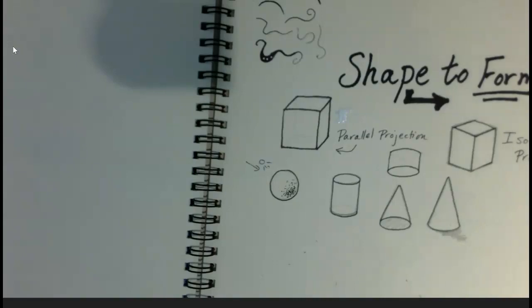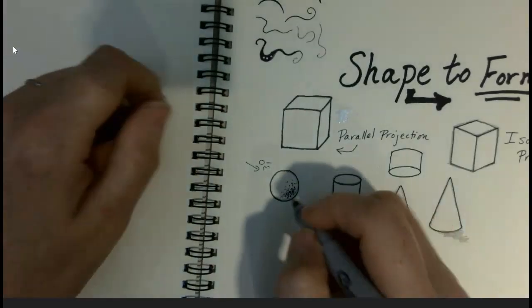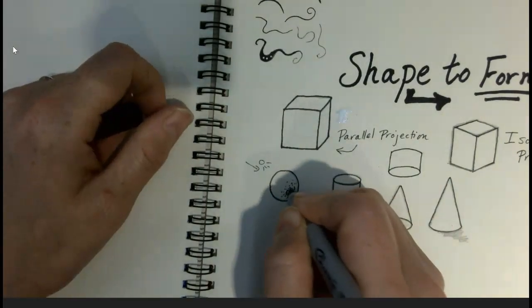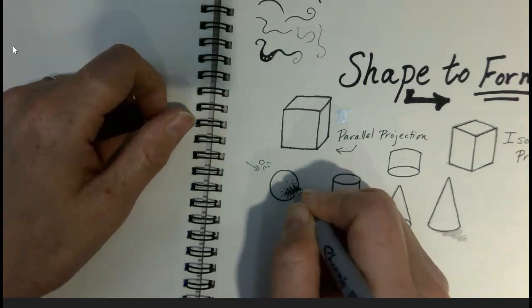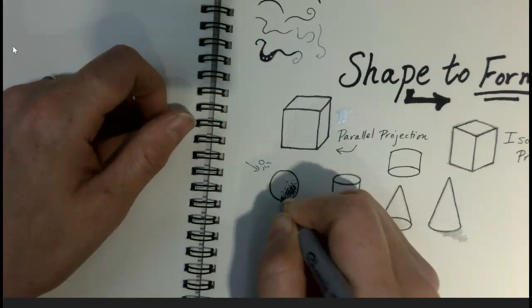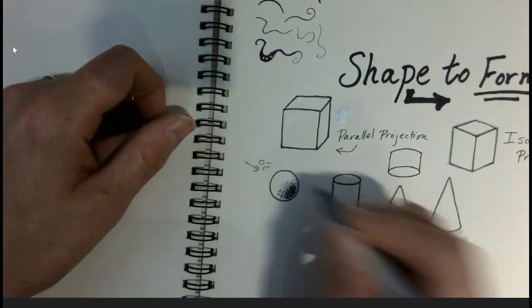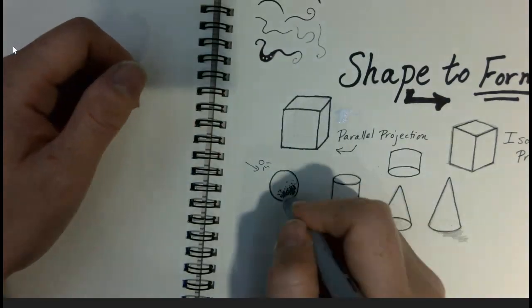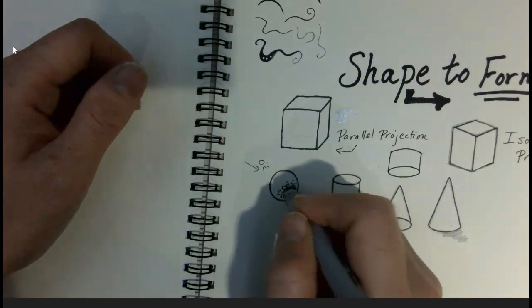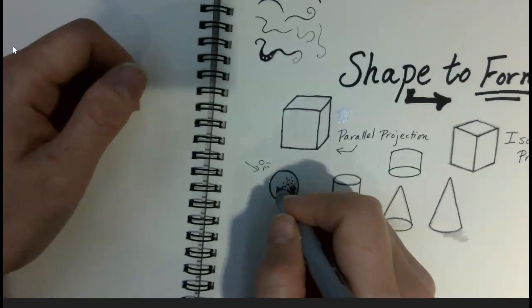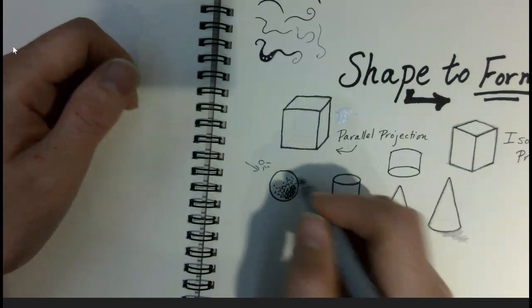I'm going to switch my material to my ultrafine Sharpie, which maybe you can see a little bit more clearly. So the closer I put these dots together, the darker that value appears. And then as I spread them apart, then it appears lighter and lighter.